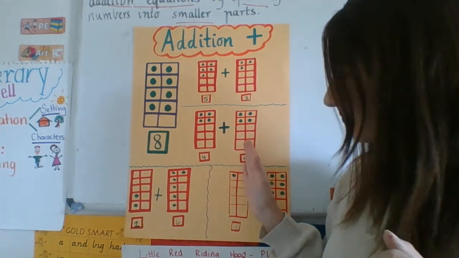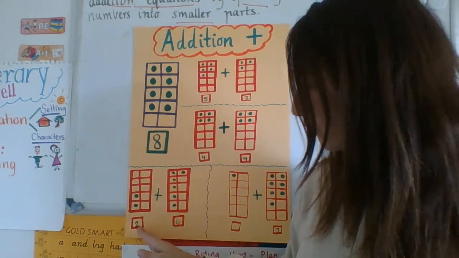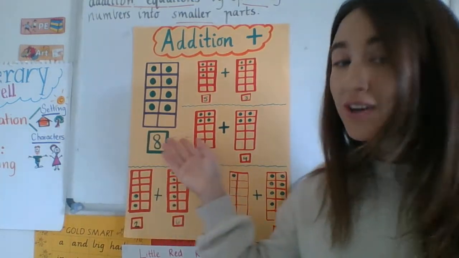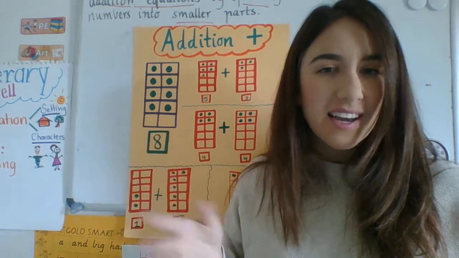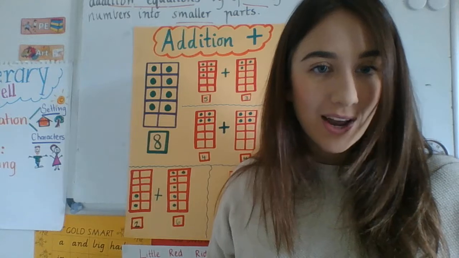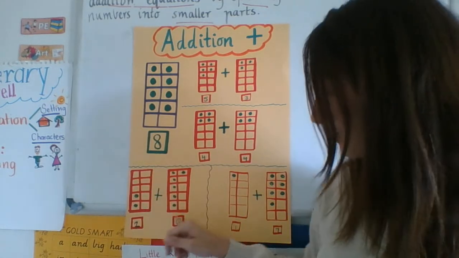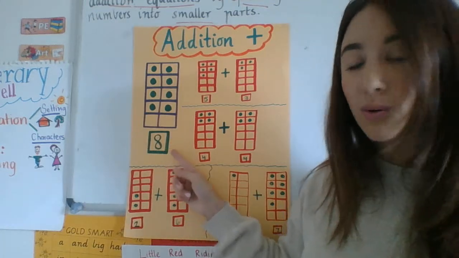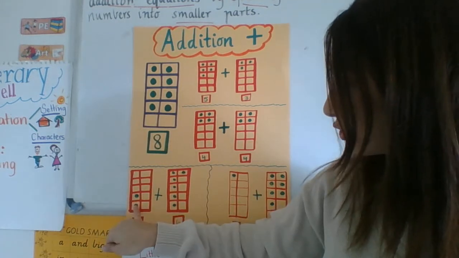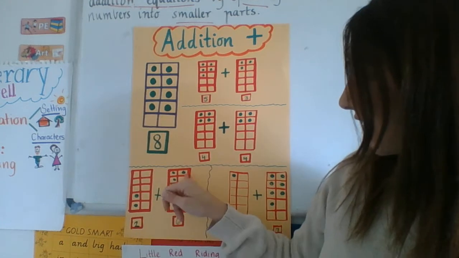Okay, let's see how else I've made the number 8 here. We have 2 and 6 equals 8. Equals means is the same as, okay, is equal to. 2 and 6, let's count our dots all together to make sure it equals 8. 1, 2, 3, 4, 5, 6, 7, 8.